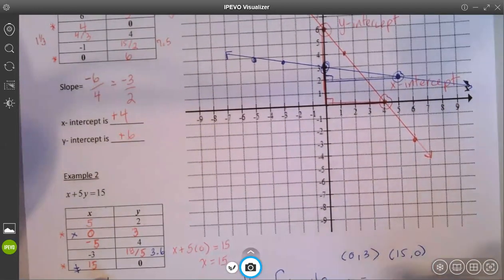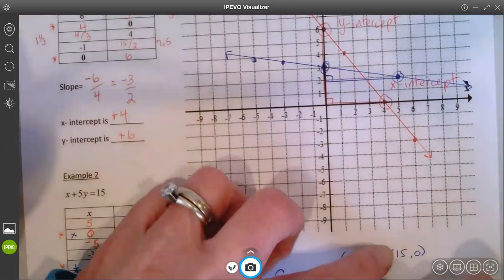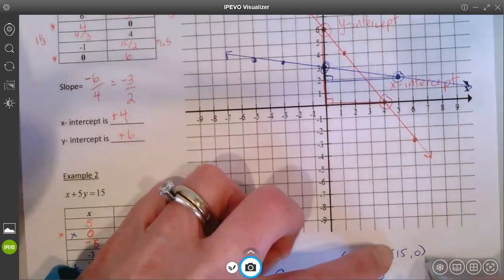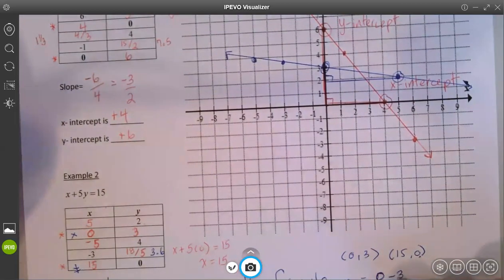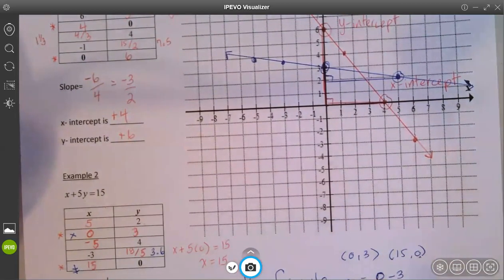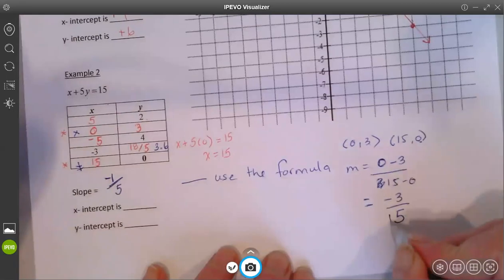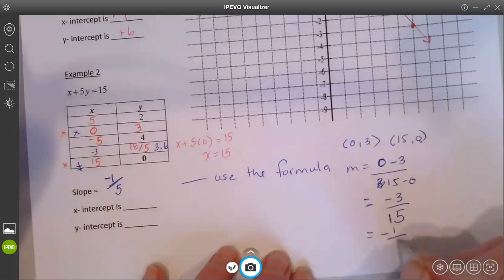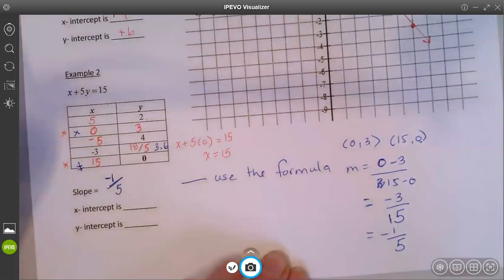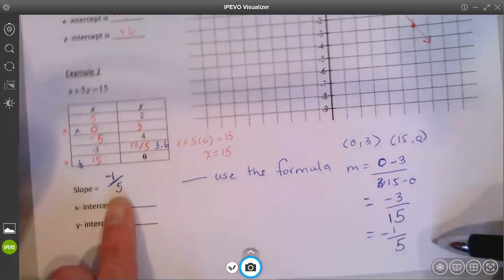So the slope will be, I need the y value, so it'd be 0 take away 3 over 15 minus 0. So this becomes -3 over 15, and that reduces to -1 over 5, which gives us the same answer we found the other way.